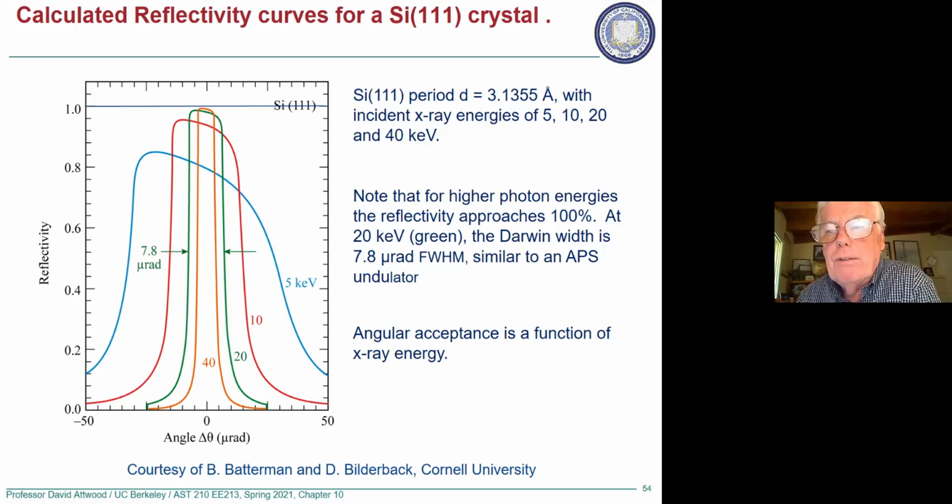This is not quite the same as coherence, but involves the same issues: what is d times theta, lambda over something or other. You have your crystal some distance, maybe 20 meters, from the undulator source. How big was the source at that point? That gives you an angle, and you compare that angle to the acceptance angle of the crystal.